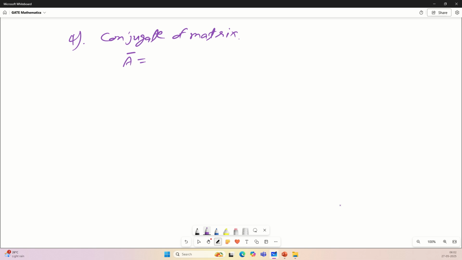There are occasions where all or some of the elements are complex numbers. To find the conjugate of a matrix, you have to replace the elements of matrix A by the corresponding conjugates.